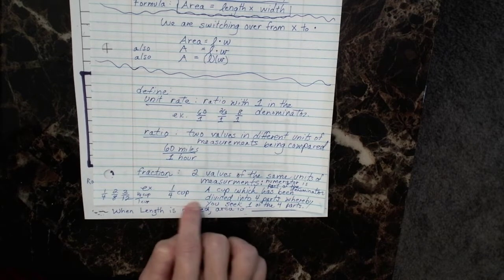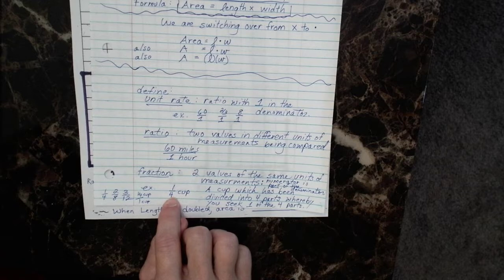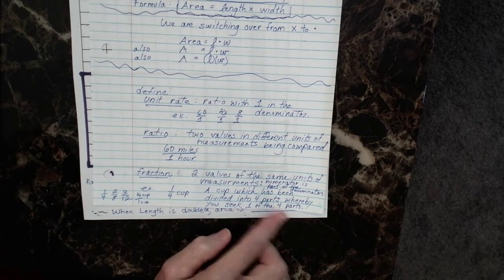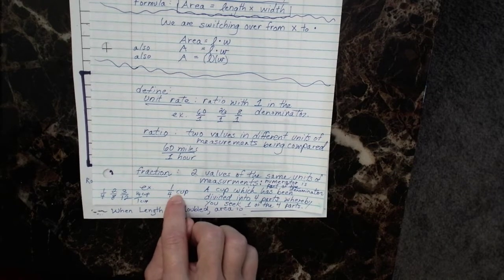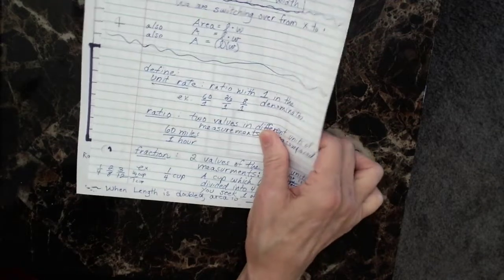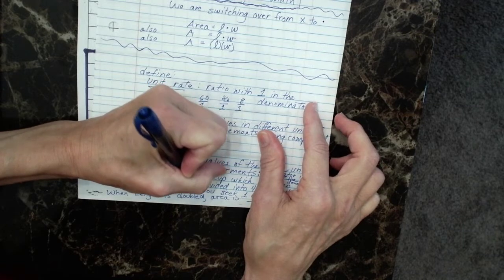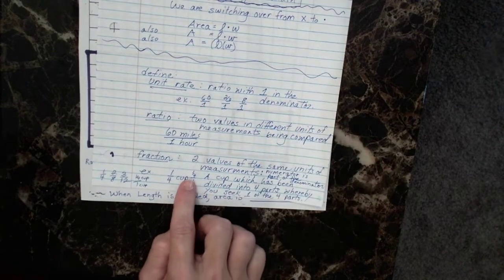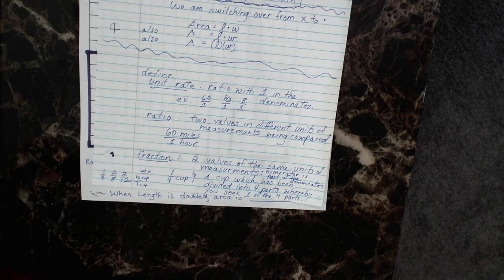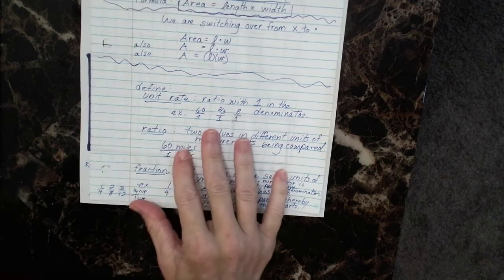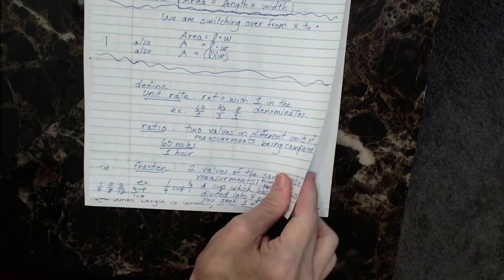So a cup which has been divided into 4 parts, whereby you seek one of the 4 parts, would be 1/4 cup. It could also be written 1/4 over 1, 1/4 of a cup over 1 cup. Okay, sorry, that's part of the next page.